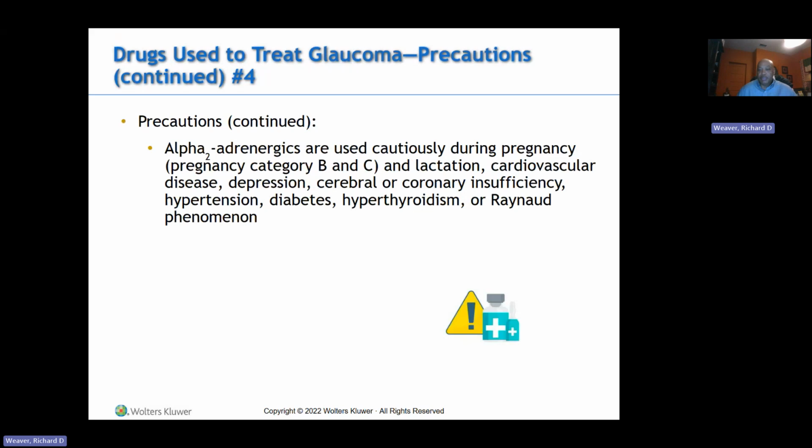These drugs can influence blood flow, and in individuals with poor circulation to the brain or the heart, such as cerebral insufficiency or CAD, they could increase the risk of ischemia, which is insufficient blood flow, which may in turn worsen the patient's condition. So just take a look at what I provided here as well. It gives you an idea of why these different disease processes are listed under precautions.